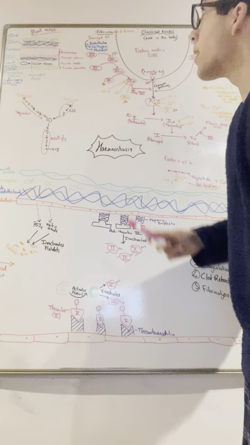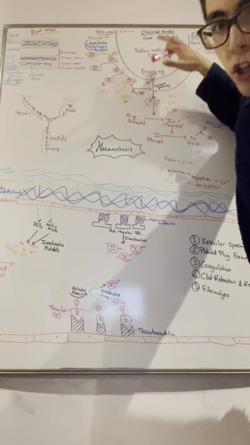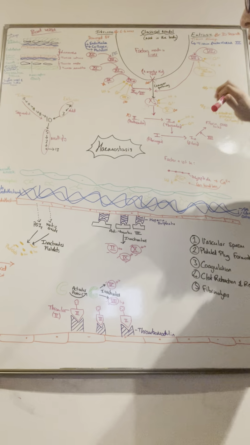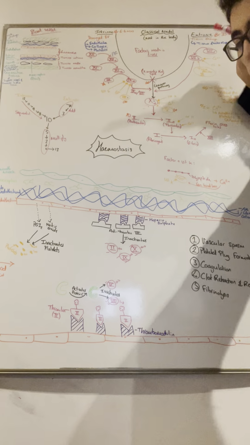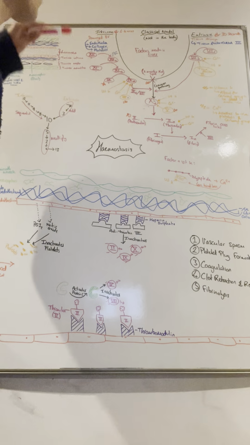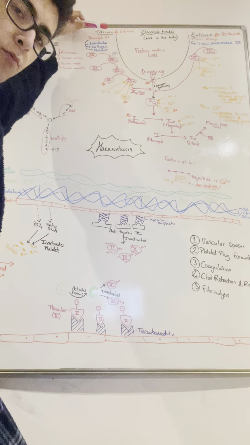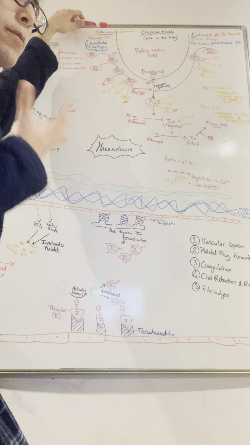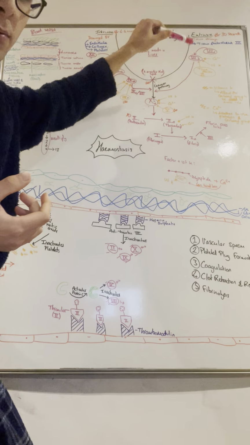Okay. All right. So I'm going to briefly look at the classical model of our clotting cascade. Come over to this side. Okay. So the classical model is what happens. Well, it happens in the body, but this is when they discovered it. They were doing it outside of the body.